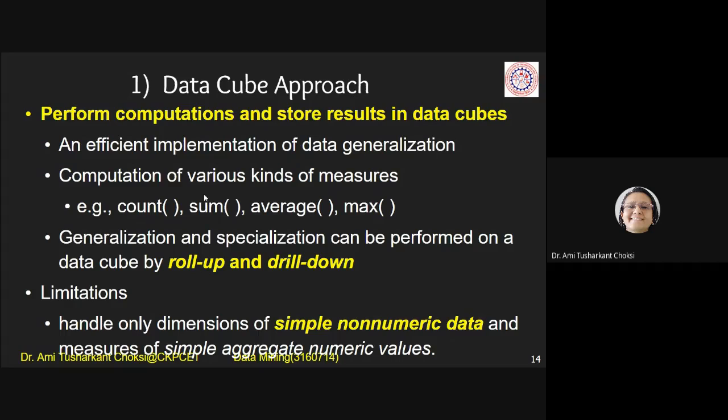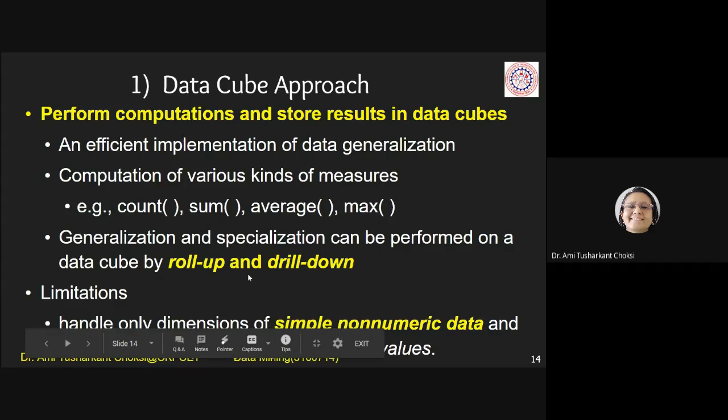Now, this sum we have already used. If you remember, in the previous lecture we considered the sum of whatever products were purchased, in the data cube, for data reduction. Generalization and specialization can be performed on a data cube by roll up and drill down.